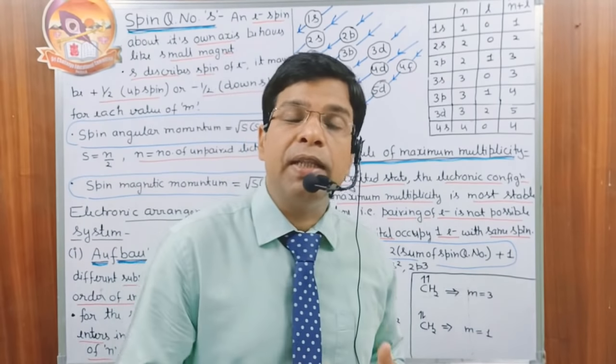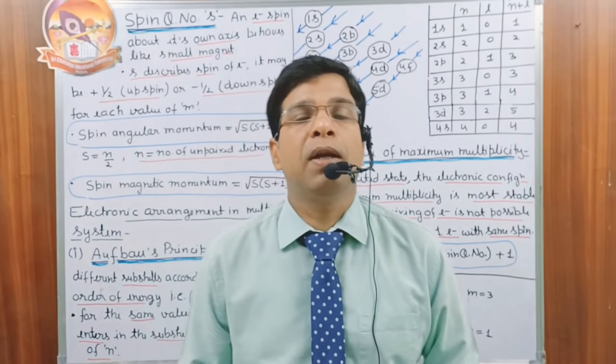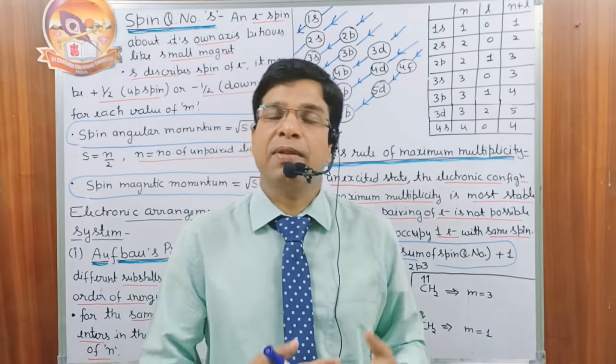So to decide the electronic configuration, the electronic arrangement of the multi-electron system, we have some different rules. These rules decide the electronic configuration in a multi-electron system.